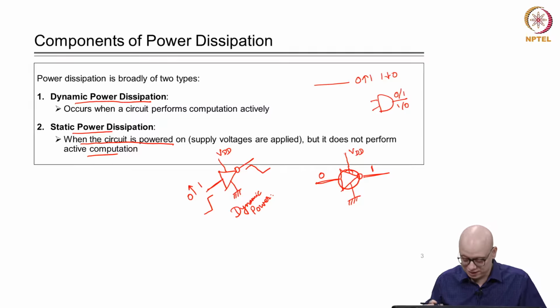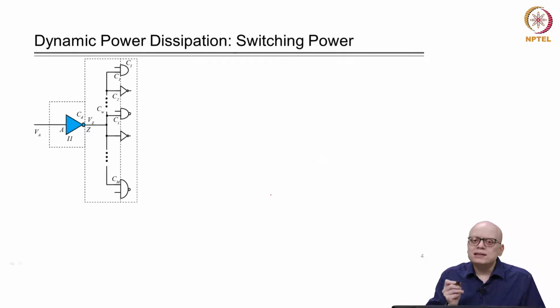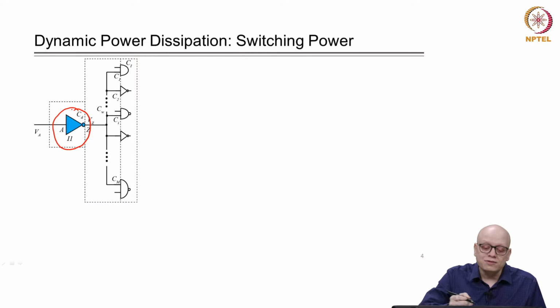Now, let us look into this dynamic power dissipation and static power dissipation in more detail. Let us consider an inverter, a CMOS inverter, which is driving M loads.